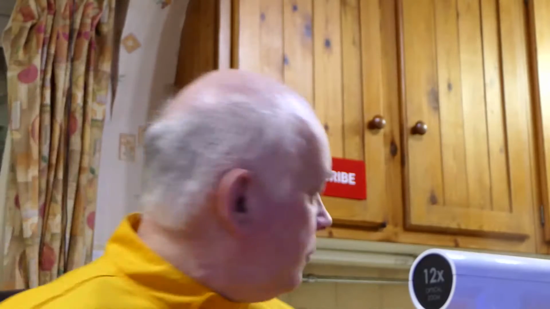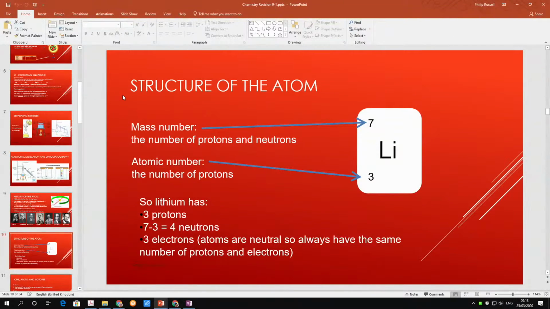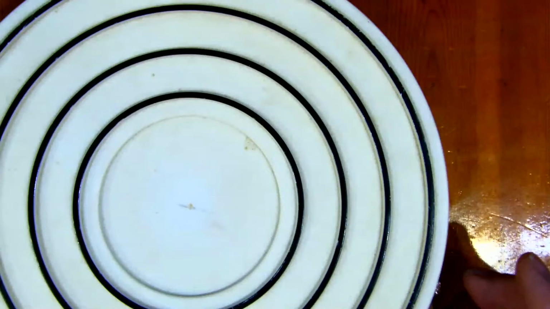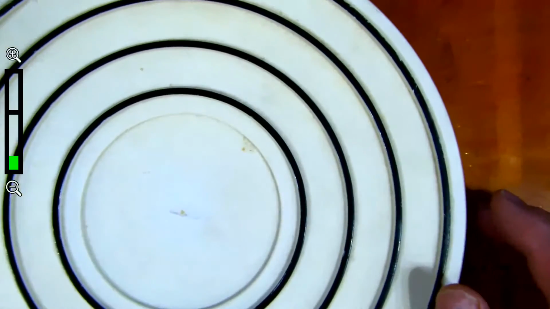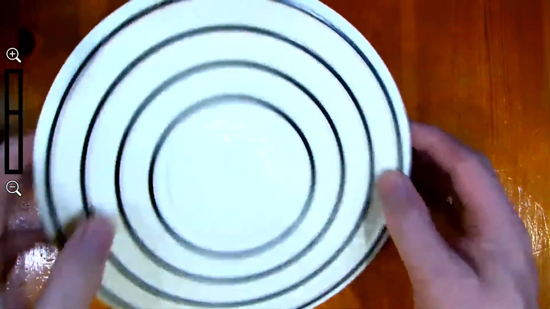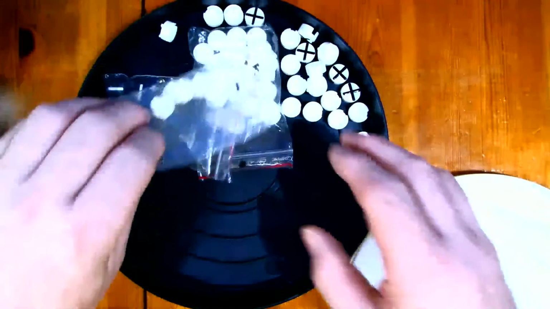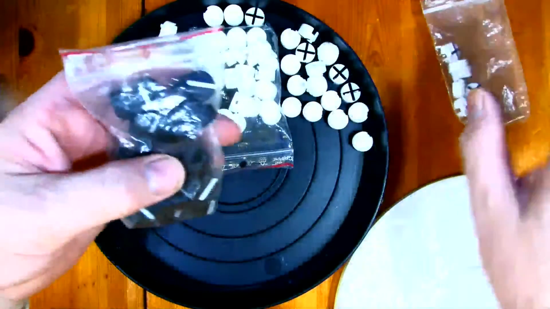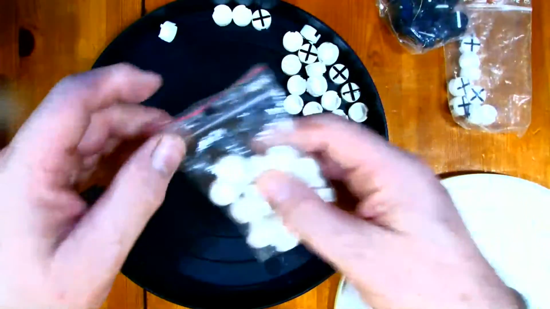So if I just grab hold of a piece of equipment, let's have a look at it. We're going to look at lithium 7, 3. Let's remember those. So here I have a piece of equipment, and inside I've got some bags of various different bits and pieces.